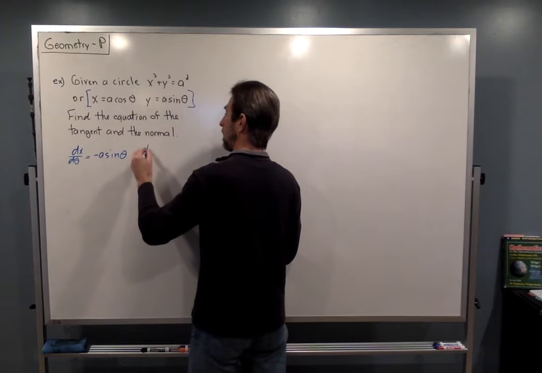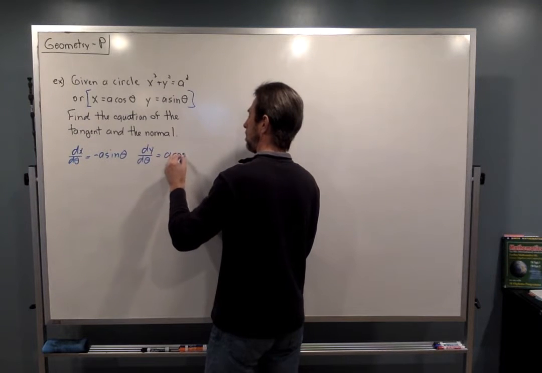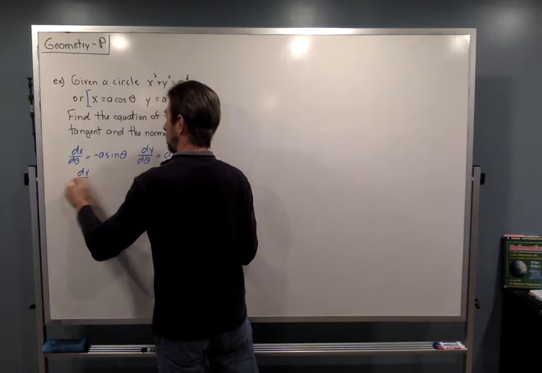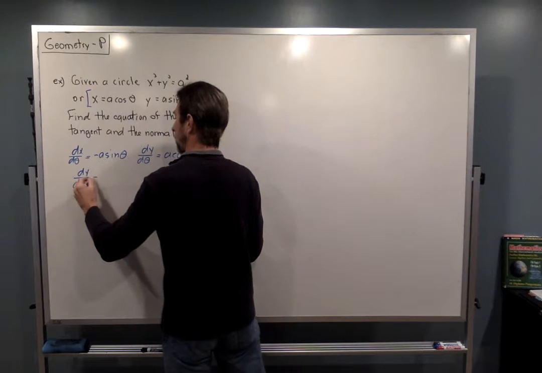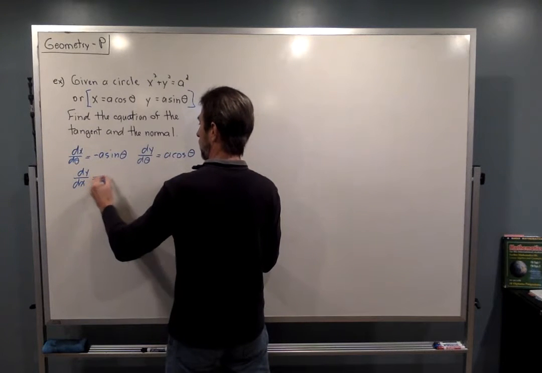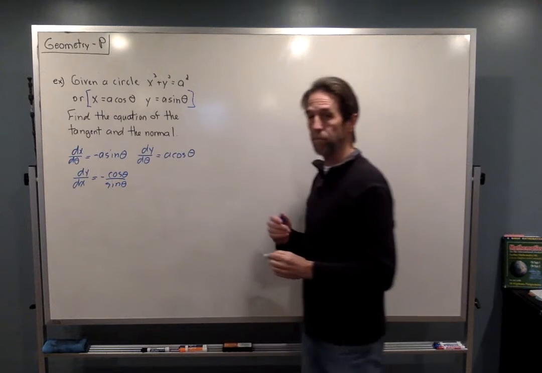Dy d theta would be a cosine theta. So dy dx would be just the quotient. The a's would cancel. We're going to get negative cosine over sine. Now I know that I could rewrite that, but I'm going to choose not to at this time.